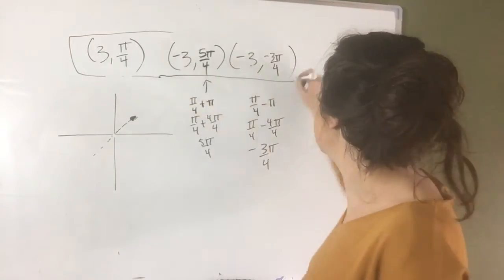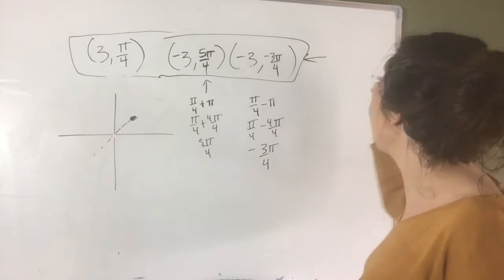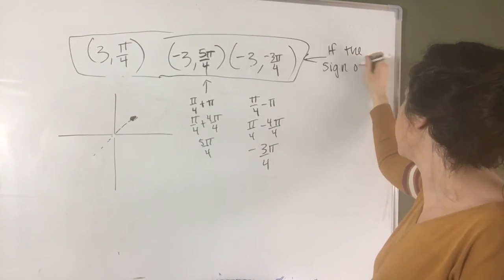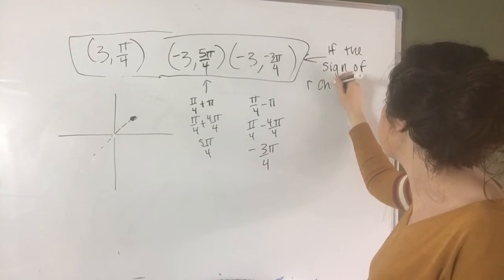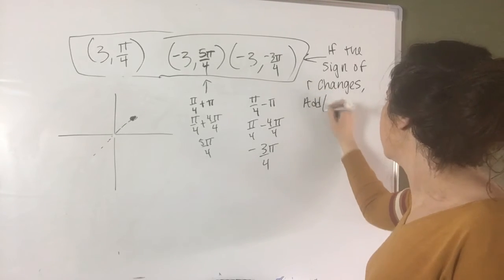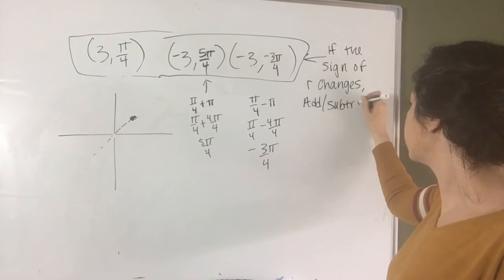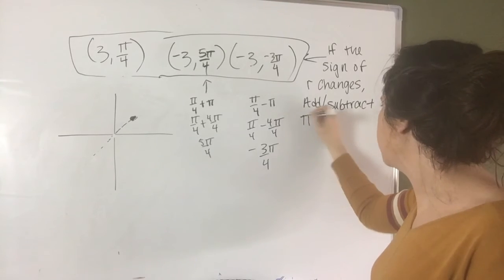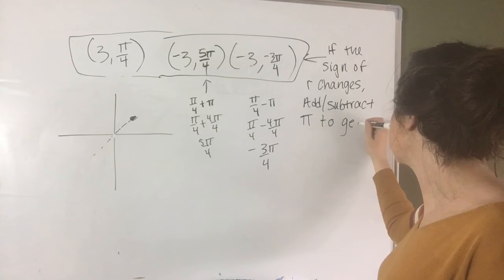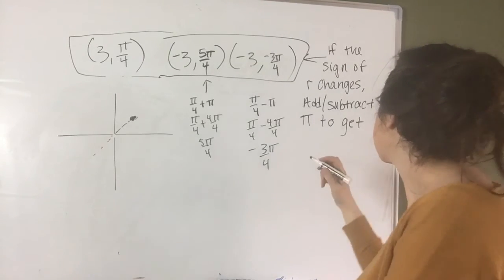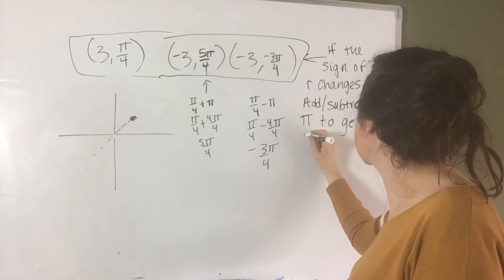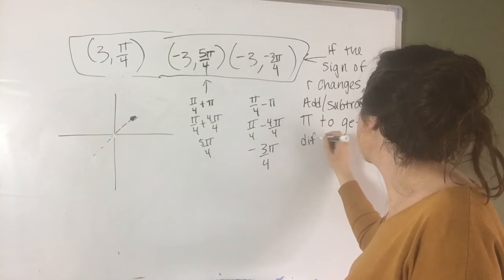Okay, so what we did here, the short story of this, is that if the sign of r changes, add or subtract pi to get different representations.